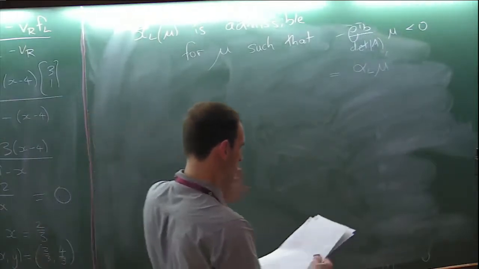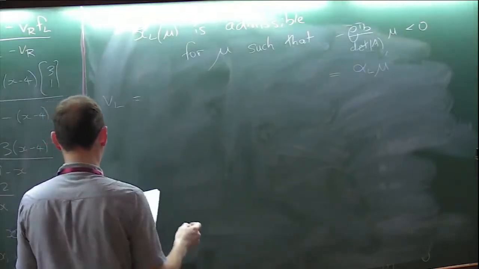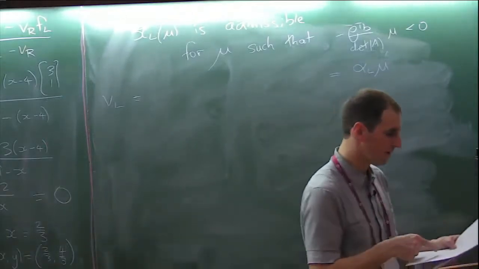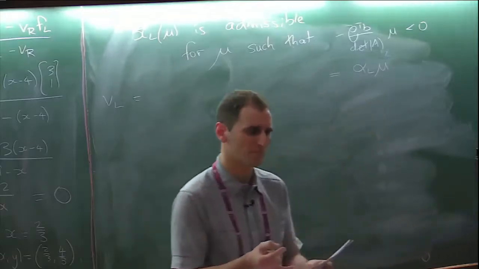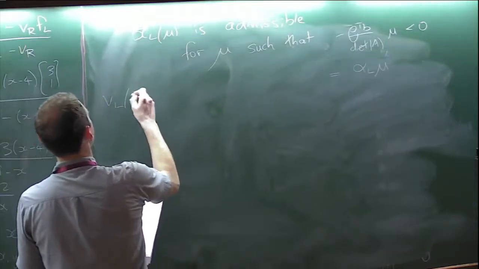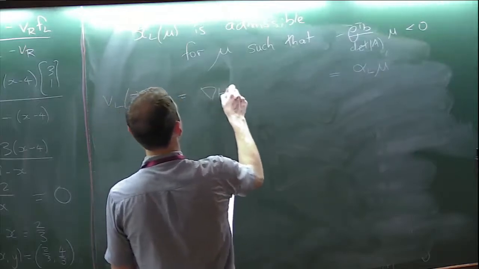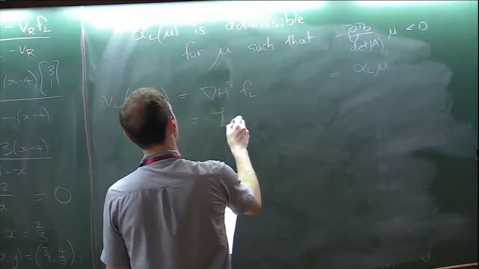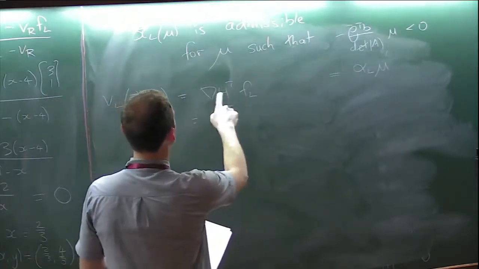sliding vector field. We can compute this. Well, we'll write down the sliding vector field, and then that's probably a good place to stop. So VL is given by this.